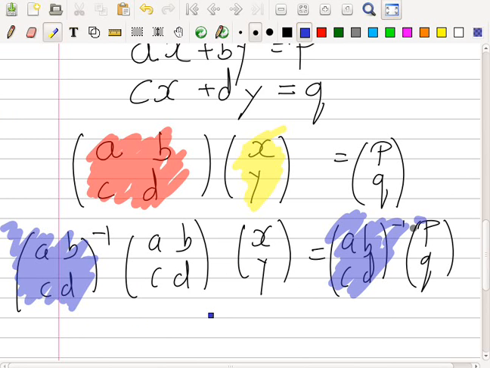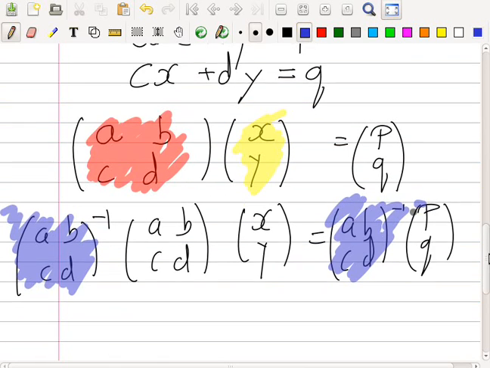It's like I multiplied both sides by the inverse. If you have A equals B, you could multiply both sides by any number. So you could say 2A equals 2B. That's what I did there in blue. I put the inverse on both sides.